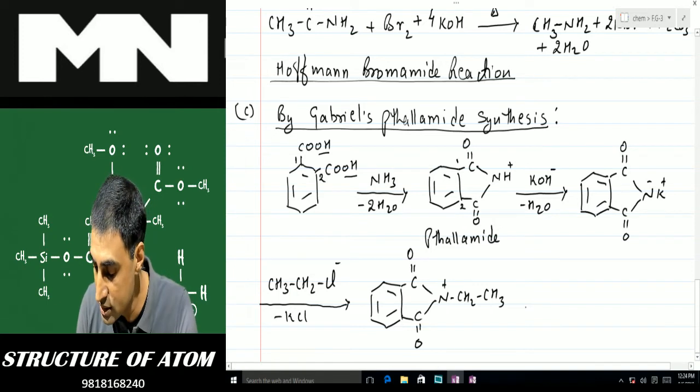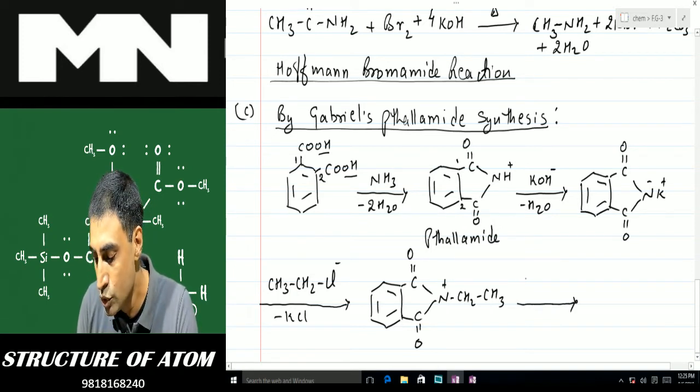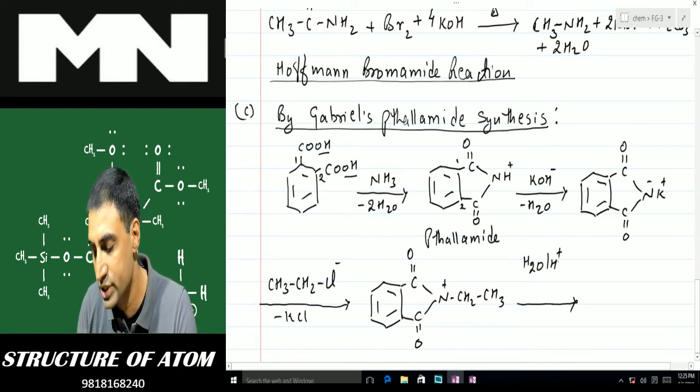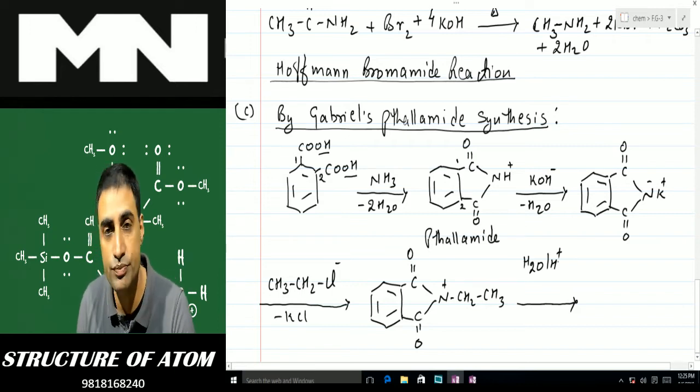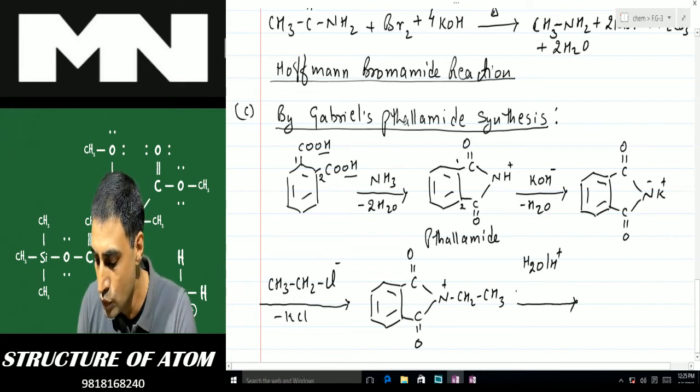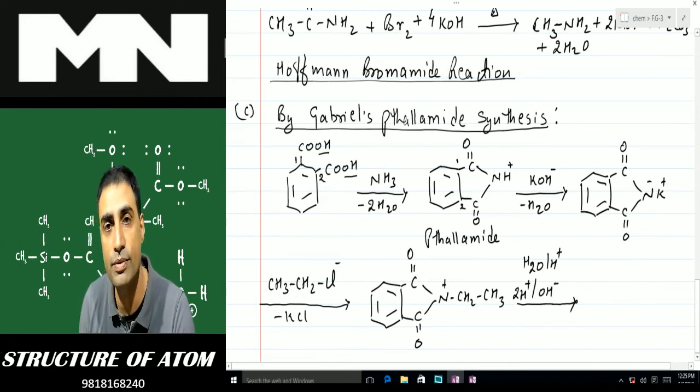And in the last step, what you have to do? Just hydrolyze it. So H2O in the presence of H positive. Here I'm not balancing it, but to make the reaction easier, you can think that you have taken 2 moles of H2O, which will give you 2 moles of H positive and 2 moles of OH negative.